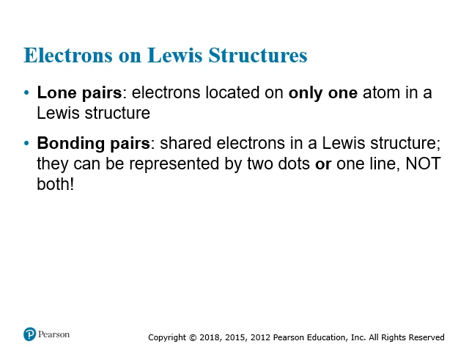Those electrons that are associated with only one atom are called lone pairs, while those that are associated with the bonding, the shared electrons, are called bonding pairs. They are typically represented by 2 dots or a single line. A pair of electrons is represented by a single line.